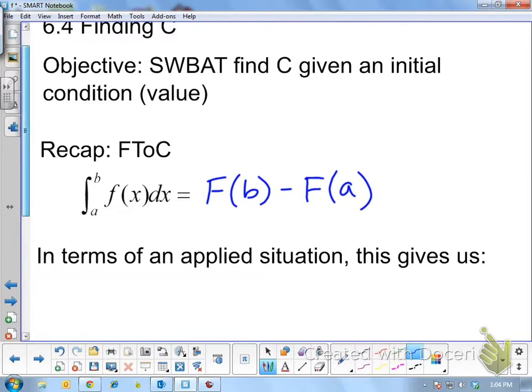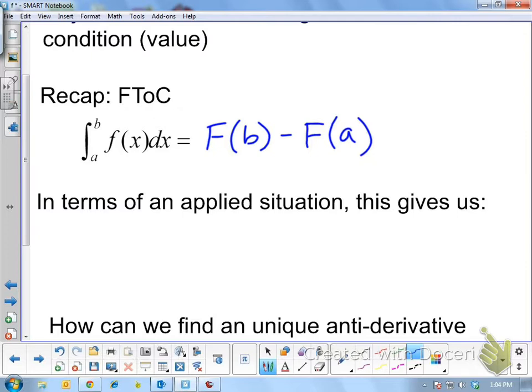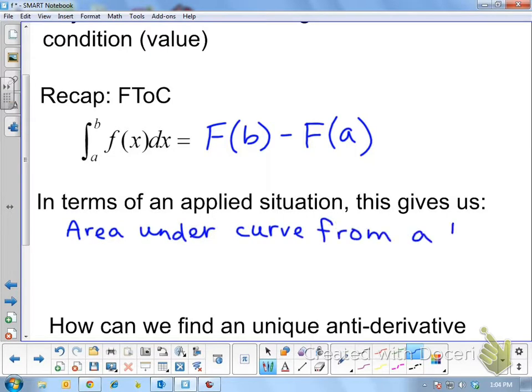And when we're actually applying this to situations, it finds two things. We could either talk about it as the area under the curve from a to b, and there will be some situations where we talk about it that way. Or we can consider it to be the net change in distance. So not our position, but how much our distance has changed from start to finish.